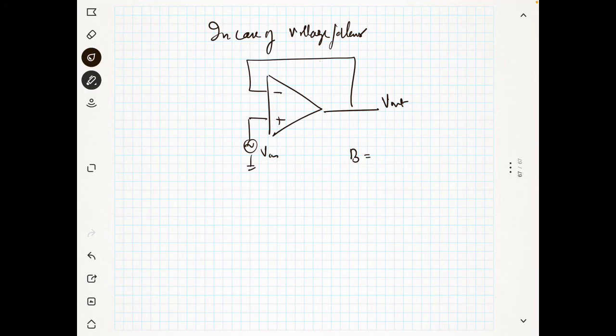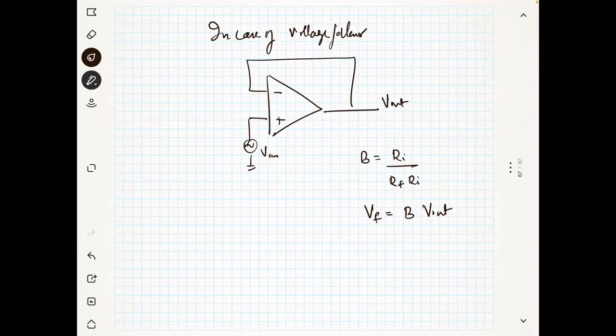B is equal to Ri divided by Rf plus Ri. And what is my feedback voltage? If there is Rf and Ri, my feedback voltage is usually written as B times V out.